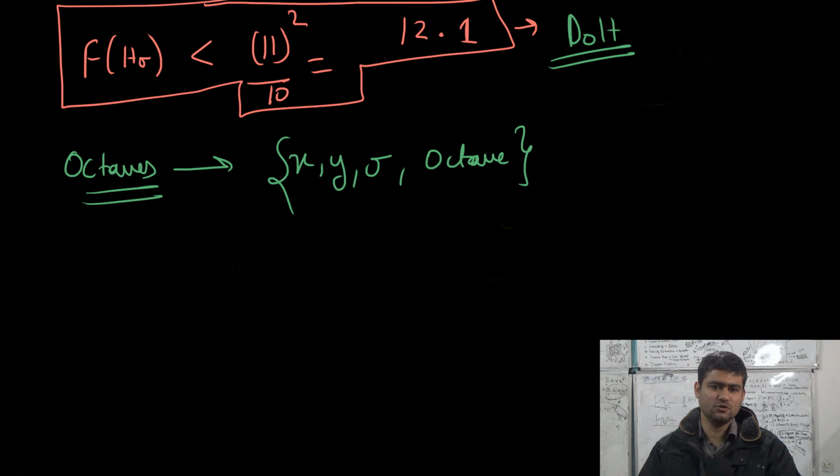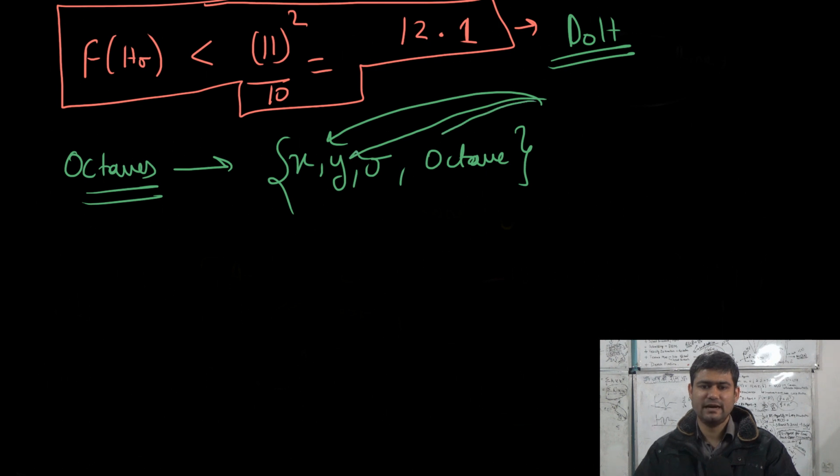Depending on how you implement it, this can either be turned into a 3D search where we search along x, y and sigma and octave combined, or if we have a naive implementation, then we can convert it into a 4D search, searching in x, y, sigma and then finally in octaves.